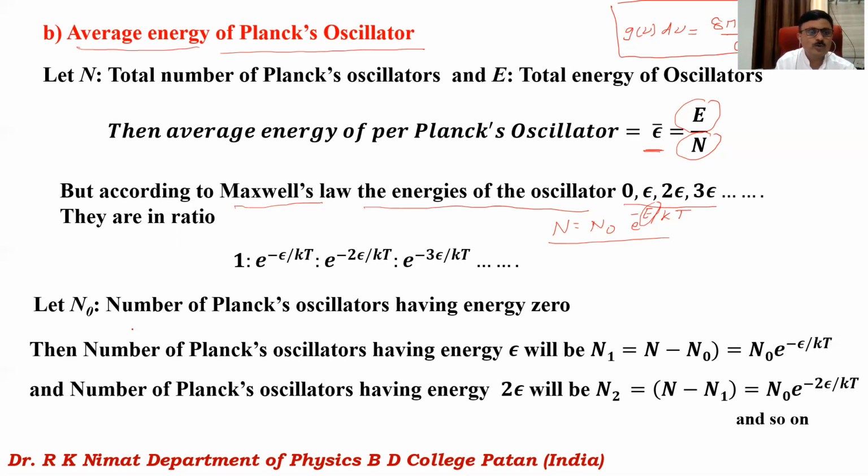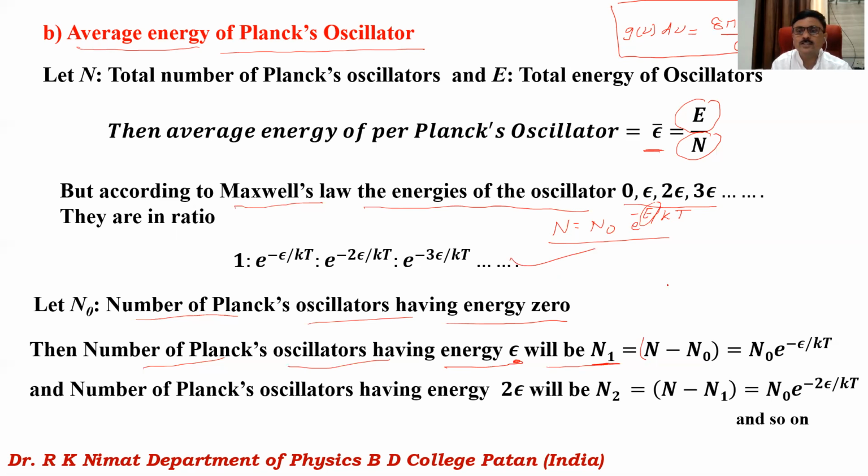So this equation we are going to use in order to calculate the total energy of the oscillators. Let us assume n0 is the number of Planck oscillators having energy 0. That means there are certain oscillators out of n oscillators, so n0 oscillators have energy 0. Now assume the number of oscillators having the energy epsilon is n1.